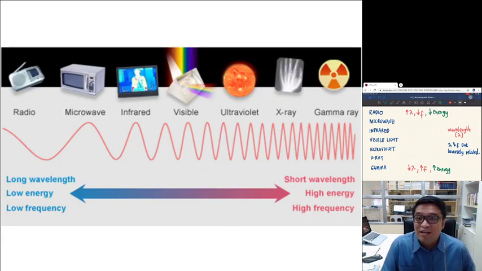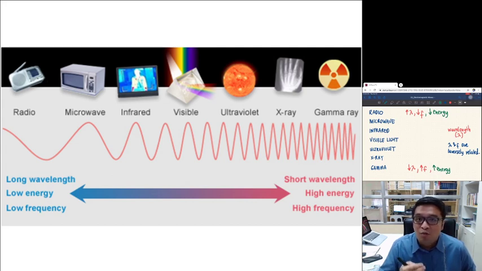Now, to summarize our lesson, take note that all these electromagnetic waves travel at the speed of light, but they differ in terms of their wavelengths and frequencies. Those with long wavelengths have low frequency, like radio waves, and gamma rays, which have short wavelengths, will have high frequencies.